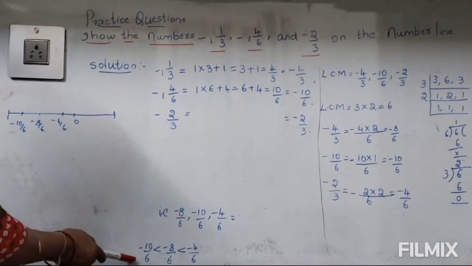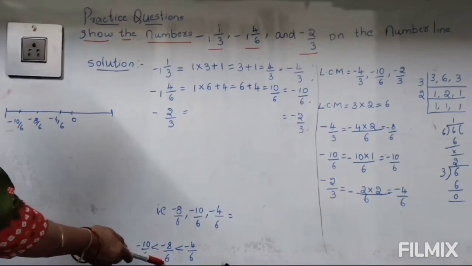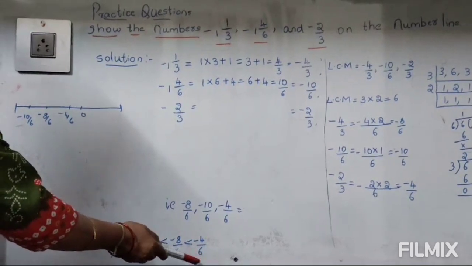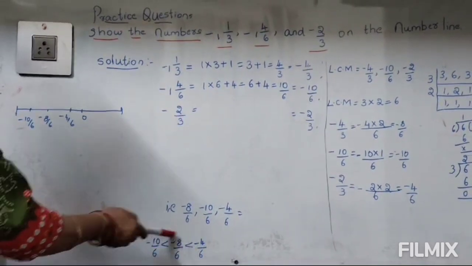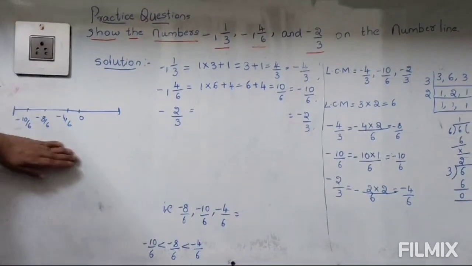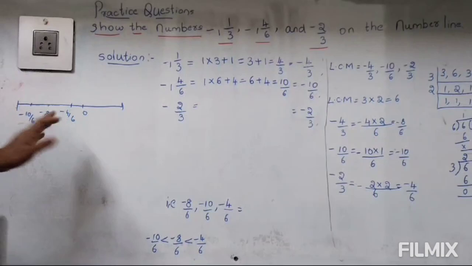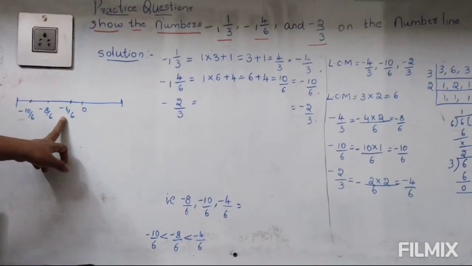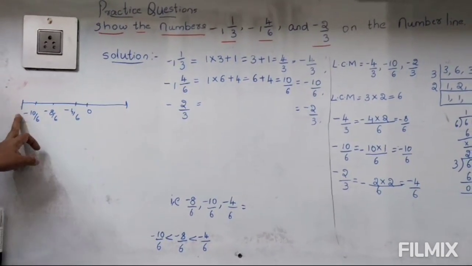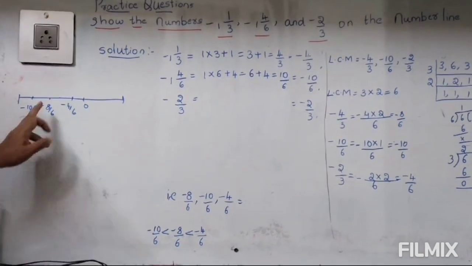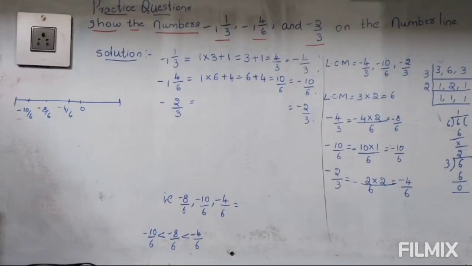Minus 10 by 6 is less than minus 8 by 6, which is less than minus 4 by 6. Similarly, you can write down the number line and write it in ascending order: minus 10 by 6, minus 8 by 6 and minus 4 by 6, or else the other way around.